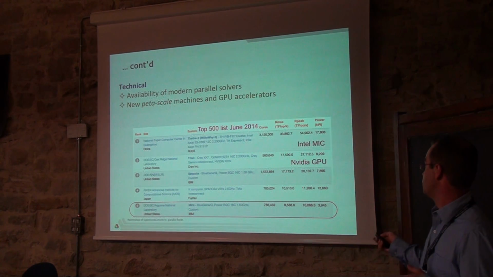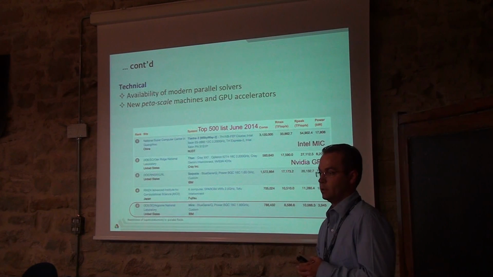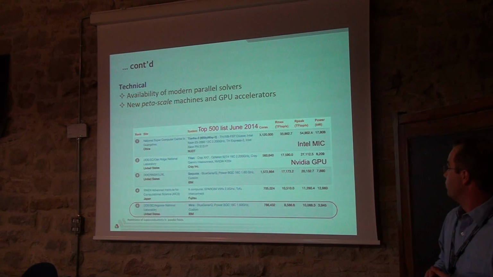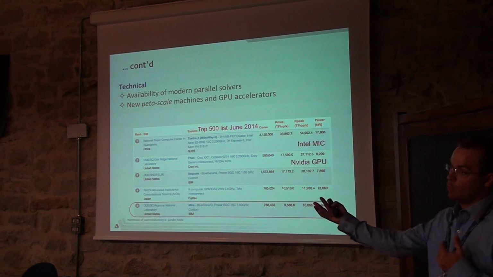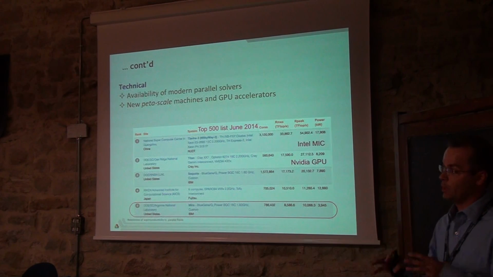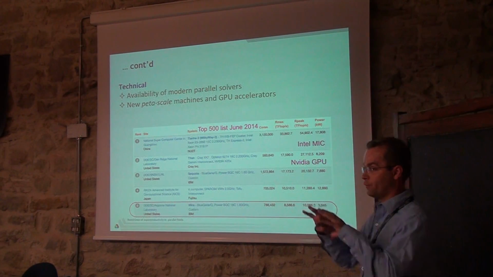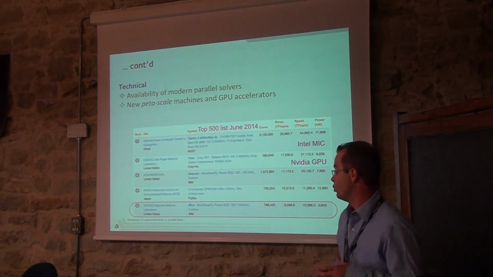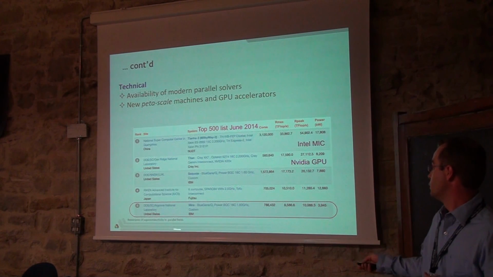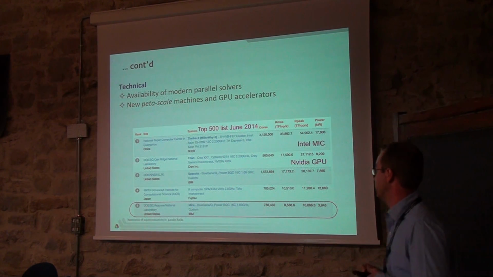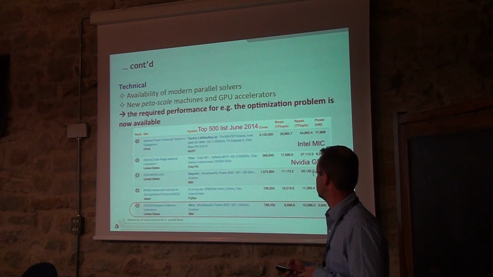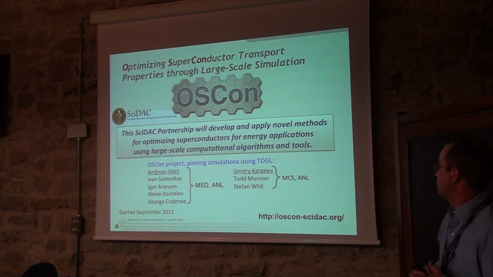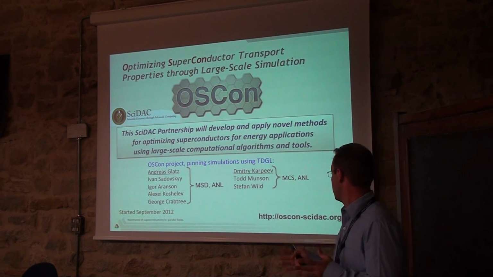And we use for this approach modern architectures like GPUs or Intel MIC architectures, or we also model more complex structures where pinning centers have various shapes, and we model this by some unstructured grids, which are then also modeled to run on these big machines here, because this really requires a lot of computational power.